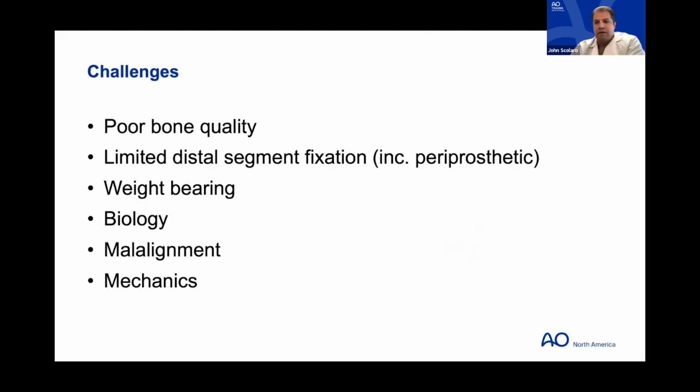These folks, those who are geriatric, have poor bone quality, and many of them very short distal segment fixation, including periprosthetic fractures. And so areas where we're relying on our implants to do a lot with a little amount of bone. There's been an emphasis on weight bearing.